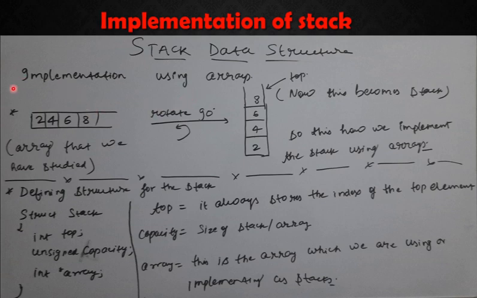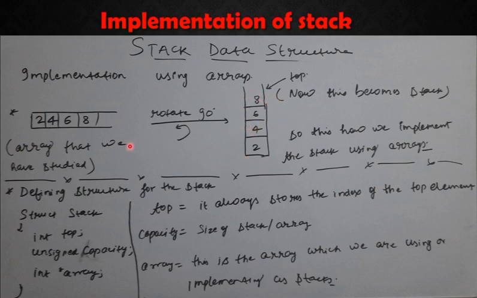So you can see the dynamic memory allocation, or the memory allocated for the array, what we understand looks like this. The array that we have studied till now looks like this according to us. And the stack that we have studied till now looks like this.